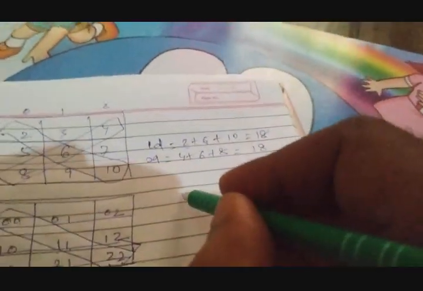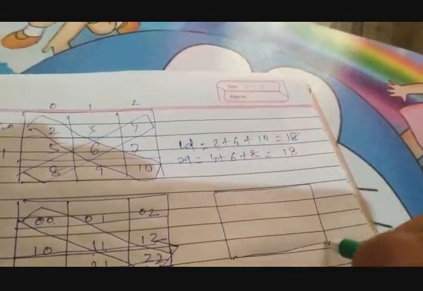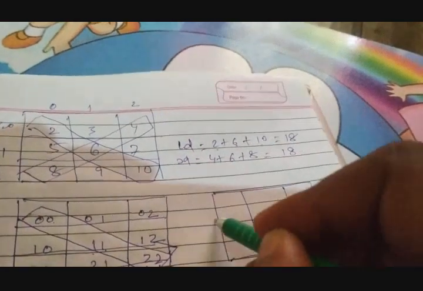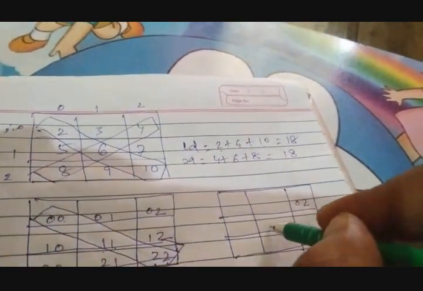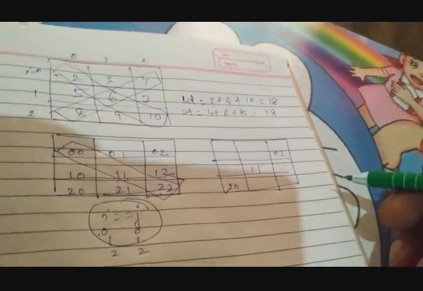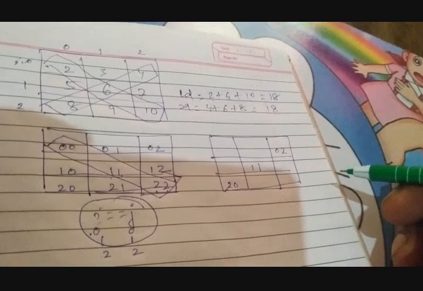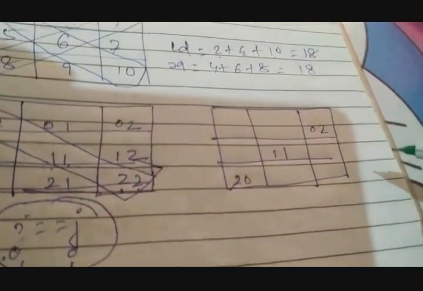But when we move on to the right diagonal, the positions are 0 2, 1 1, 2 0. How can we find it?